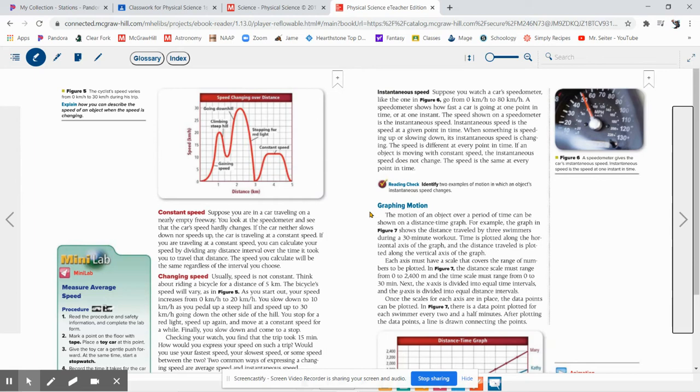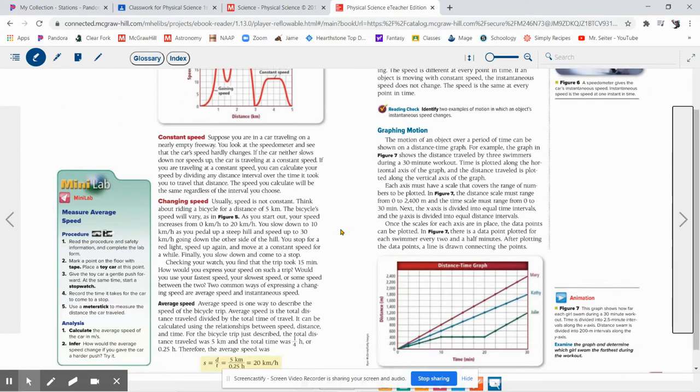The thing of it is, constant speed is a little bit rare because you're always going up hills, going down hills, turning corners, speeding up, slowing down. If you have your cruise control on a flat road with no hills and no curves, you can achieve a constant speed. Other than that, constant speed's a little bit tough to achieve.